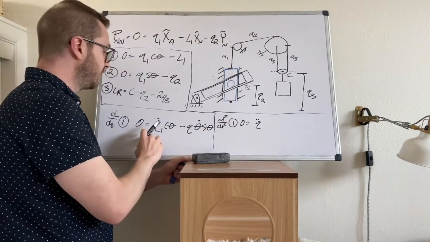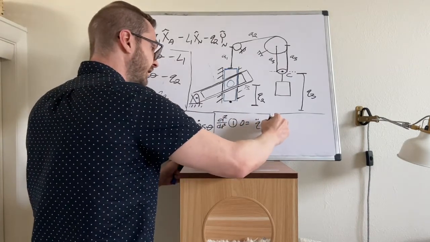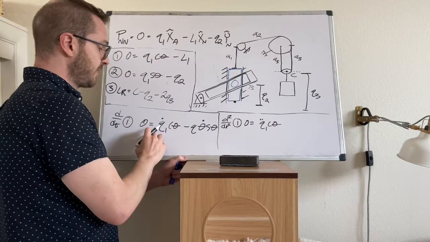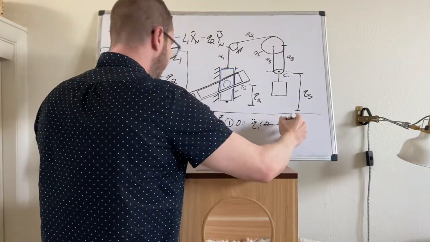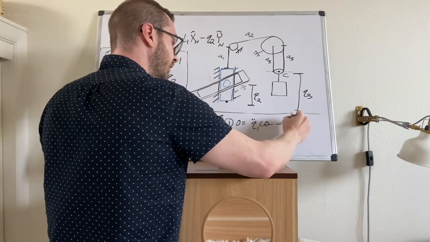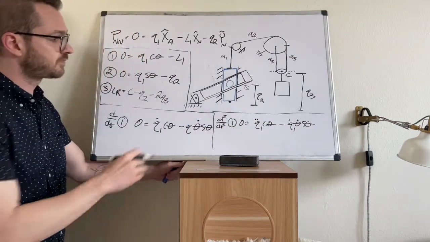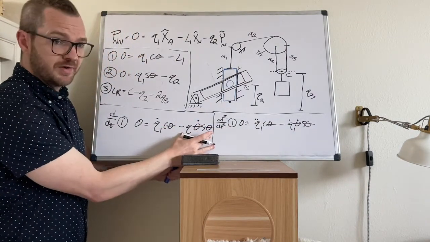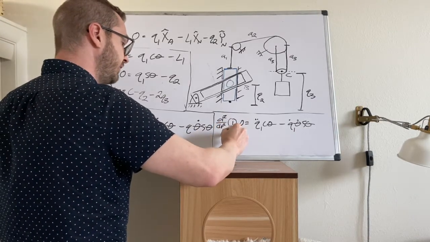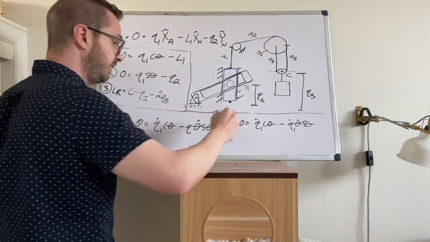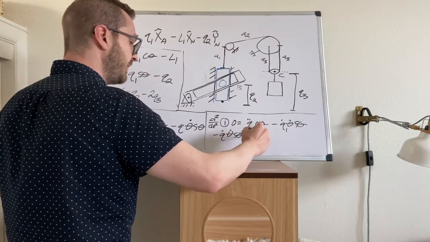I am just going to write these down. I expect that you can take derivatives. So q1 double dot cosine theta. Next, q1 dot times the derivative of cosine. Well, we know that's negative sine, so negative q1 dot theta dot sine theta, chain rule. We're going to take the derivative of the next one. This time we have minus q dot theta dot sine theta.